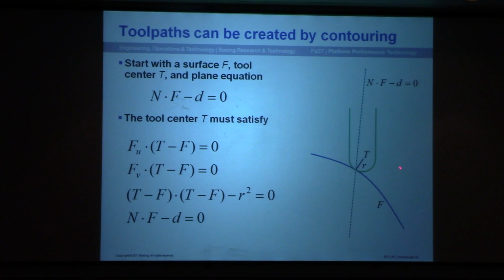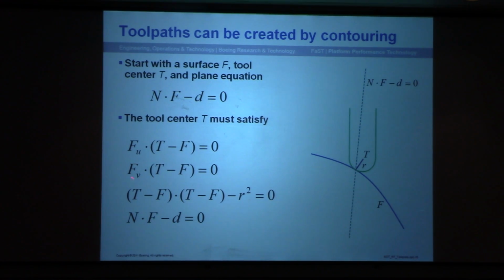So that path has to satisfy what? Well, the vector from the tooltip center to the surface that I'm machining has to be perpendicular to one of the vectors in the tangent plane.